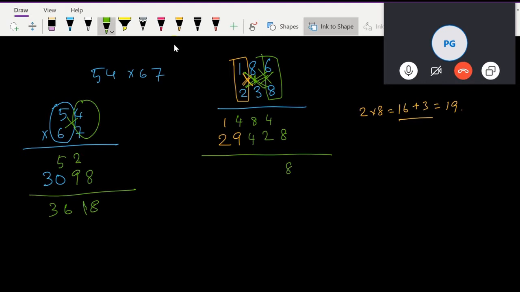So now just add all of this. 8, 6, 2, 4, 4. Yes, sir. So this again is a big time saver in multiplication of large numbers.